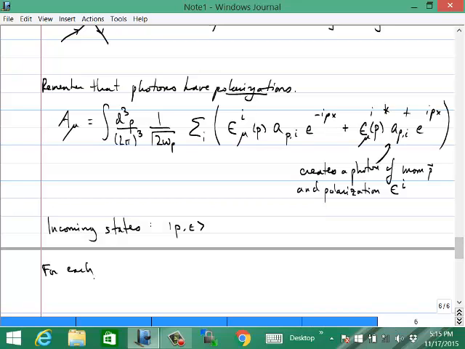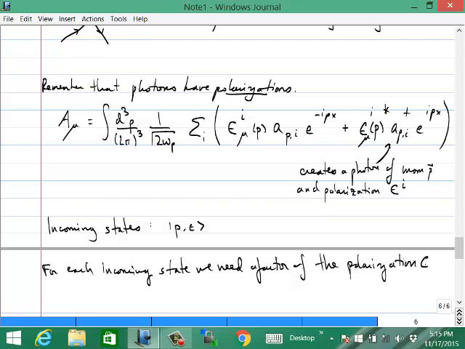for each incoming state, we need simply a factor of the polarization of that incoming photon, epsilon mu.